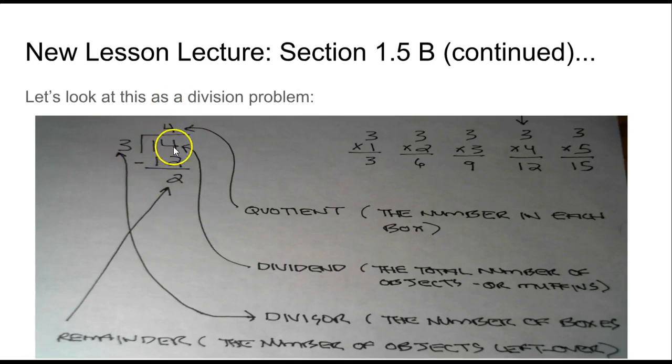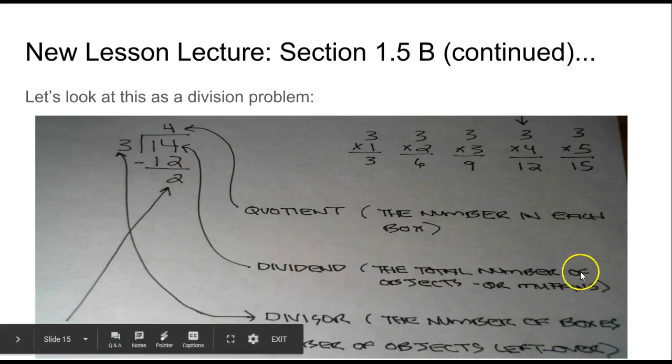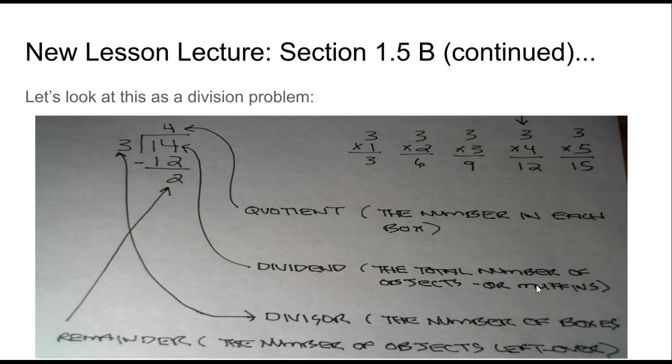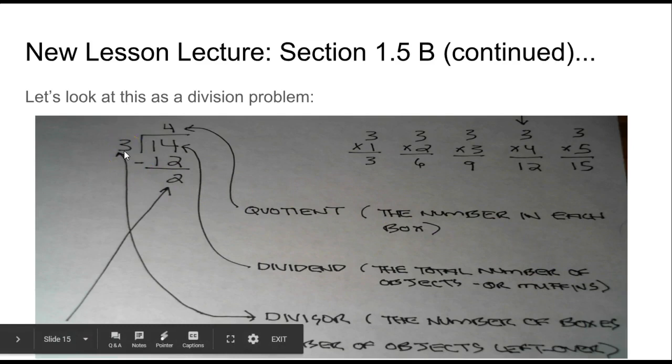So here we have the 14. The 14 is the dividend. That's the total number of objects, the muffins, before we separate them. And then we have 3. So 3 is the divisor. That's the number of boxes that the objects are supposed to go into.